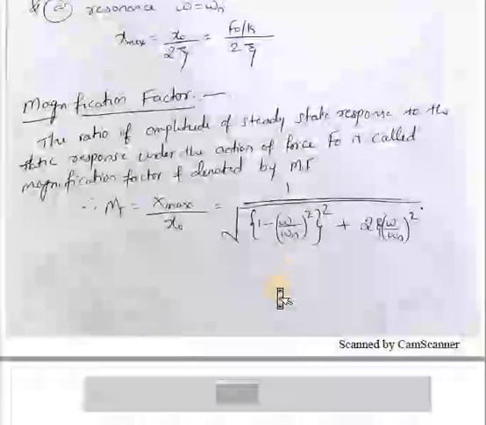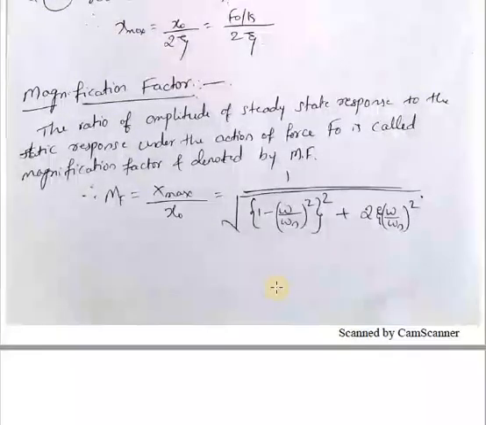Now moving further, the next one is the magnification factor. Basically, the transient vibrations die out within a short time, leaving only the steady state vibrations in all practical systems. So the study of the behavior of steady state vibrations is very important here, because it gives you the behavior of the system until the last vibrations.